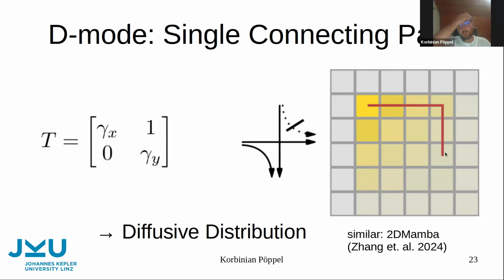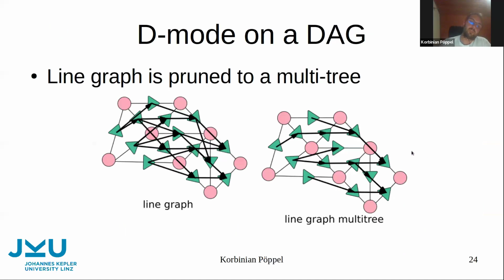This we can also do on directed acyclic graphs. And there, what we do is that we prune the line graph to a multi-tree. So multi-tree just means that we reduce the edges in a way such that in the end, there is only one path from one edge to another edge.